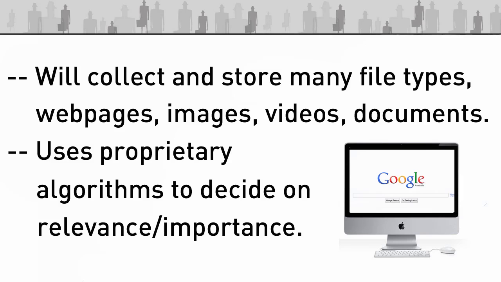Now, each of the web search engines has its own proprietary algorithm, which it uses to decide the relevance or importance of the information it's collected. Just because you optimize your website to Google doesn't necessarily mean that the same formula applies to Bing or some of the other search engines. Those algorithms belong to the search engine themselves, and they each have their own unique proprietary way of deciding who ranks on top.